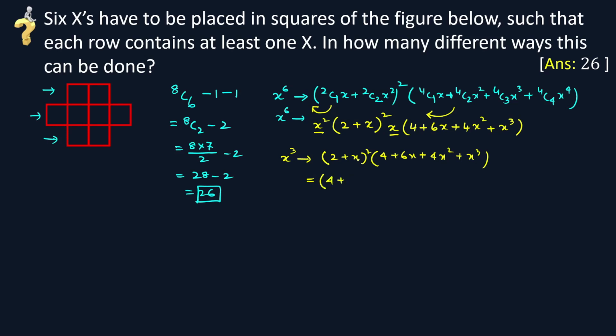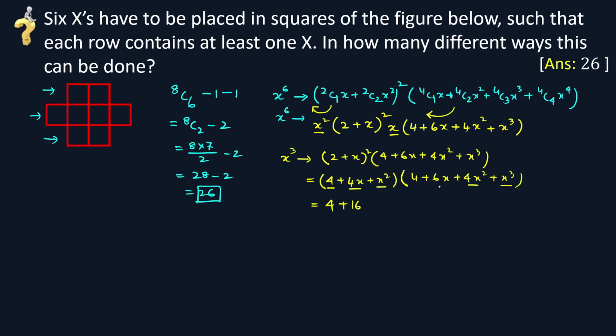So if I just open this, we are having 4 plus 6x plus 4x squared plus x cubed. We need the coefficient of x cubed. So when this 4 is multiplied with x cubed, we are getting the coefficient of x cubed as 4. When this 4x is multiplied with this, that is 16, we are getting the coefficient of x cubed.